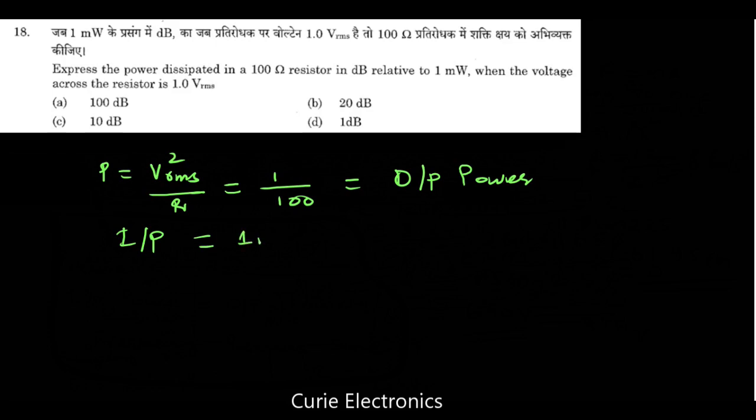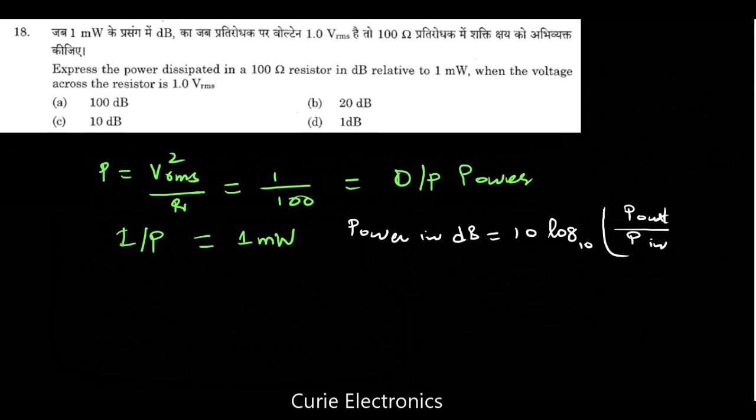Now if you want to express the power in dB, power in dB equals 10 log to the base 10 of P out upon P in.